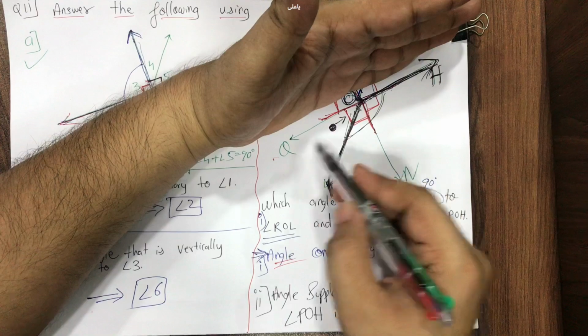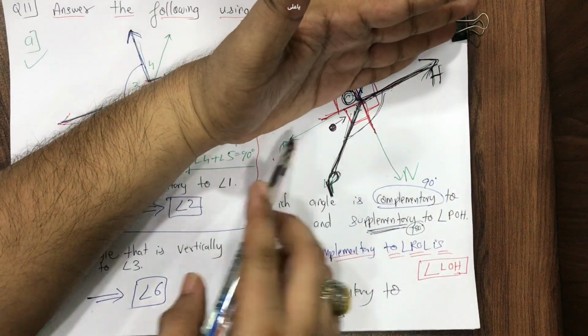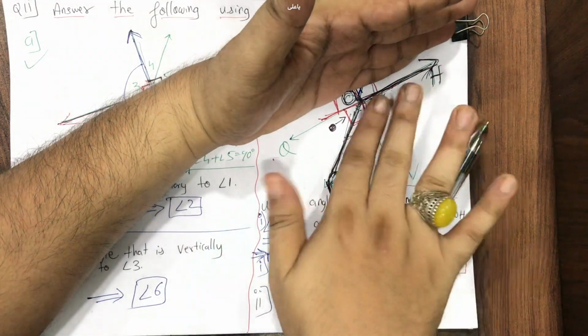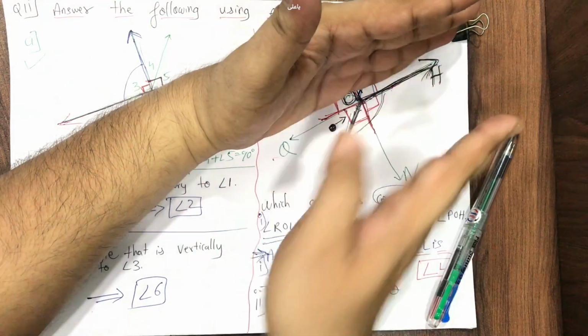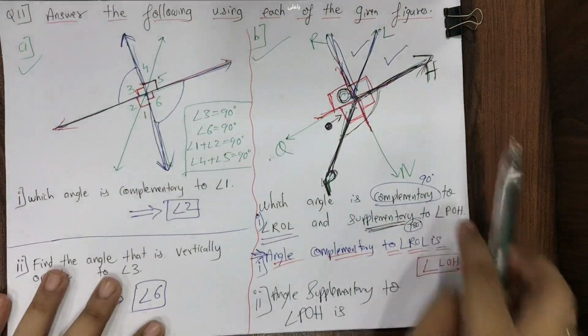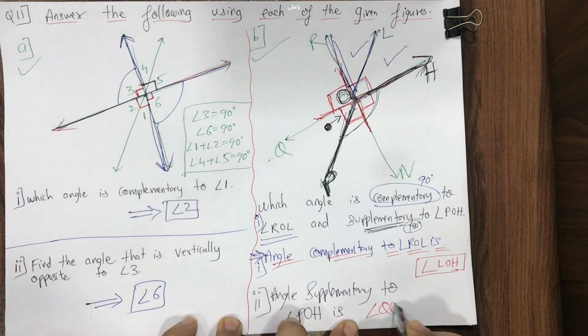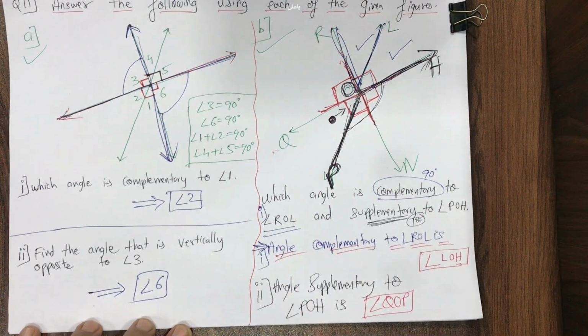So what is the name of this angle? QOP. Only this piece is remaining. Summation of all the angles on a straight line is 180 degree. So POH is this much. If I add this QOP, then only it will be 180 degree. Okay, so the answer is angle QOP. You can also write it as POQ.